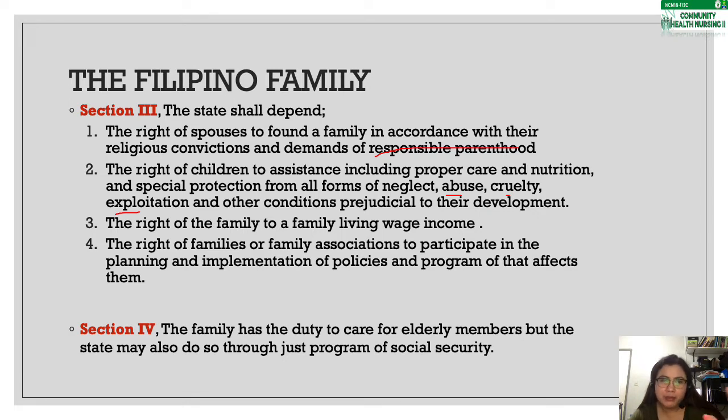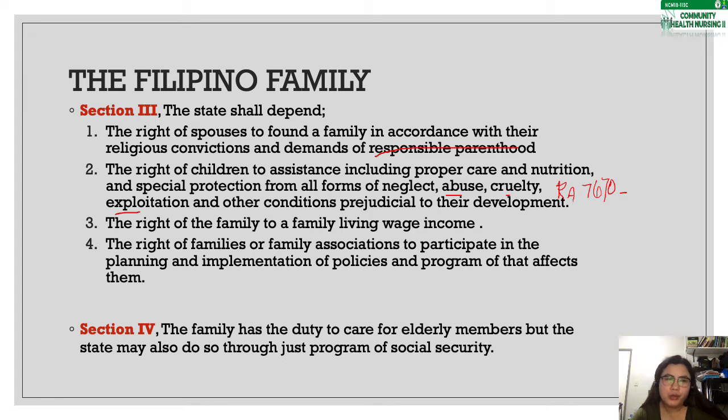This protects the children from any forms of abuse, cruelty, and exploitation, and children are protected under RA 7610, the anti-child abuse law, and any violators of this are held accountable by law.